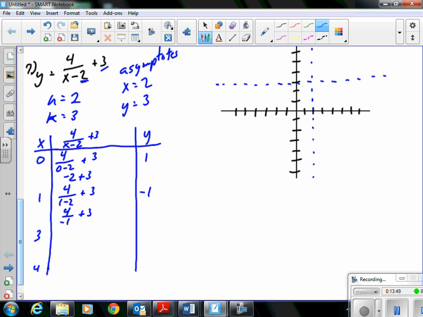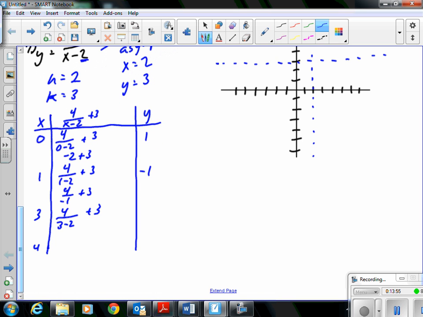Plug in a 3, so it'll be 4 over 3 minus 2 plus 3. That would be 4 over 1 plus 3, or just 4 plus 3, which is 7. If we plug in a 4, we've got 4 over 4 minus 2 plus 3, or that's 4 over 2 plus 3. That would be 2 plus 3, which is 5.